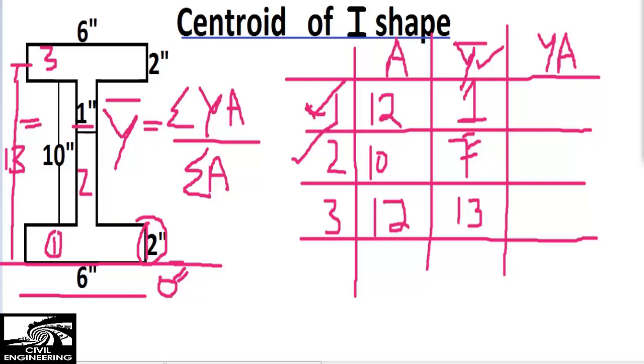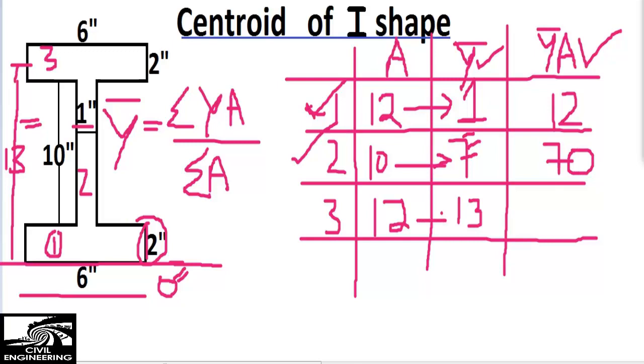So now in the third column we will multiply the two values, the area and the centroid of the individual object. So the product of these values will be 12 cross 1, right? So 12, and in the second row we will multiply 10 cross 7, it comes out to be 70, right?